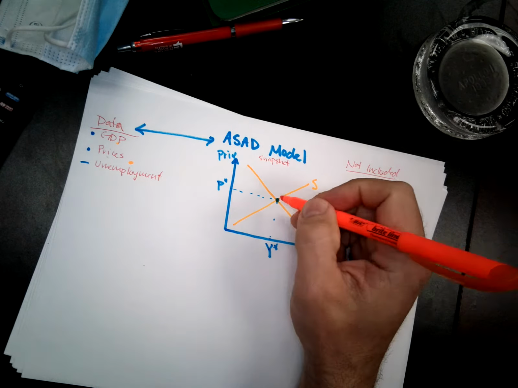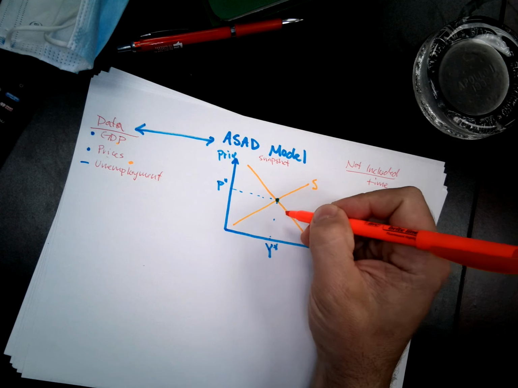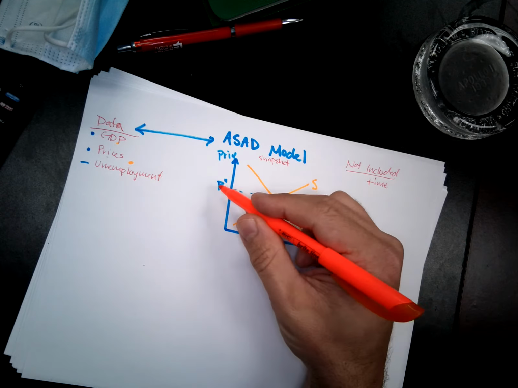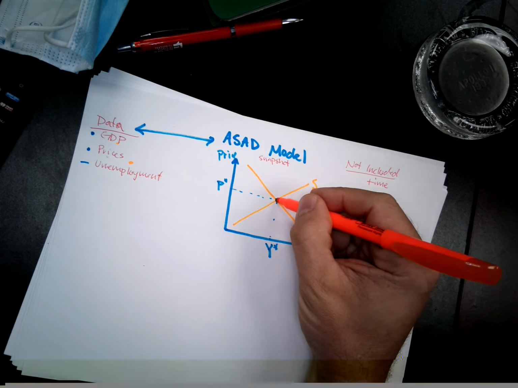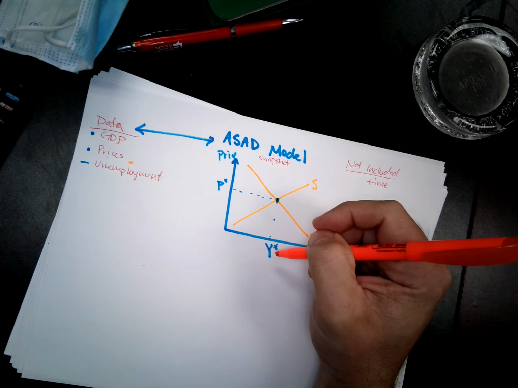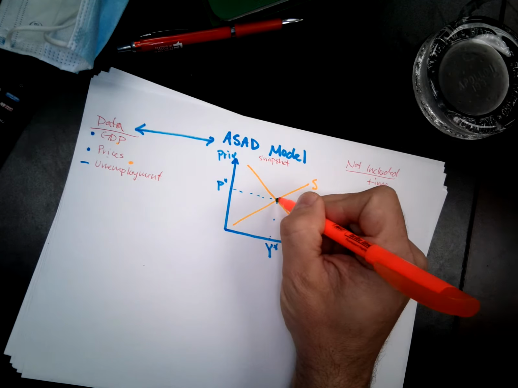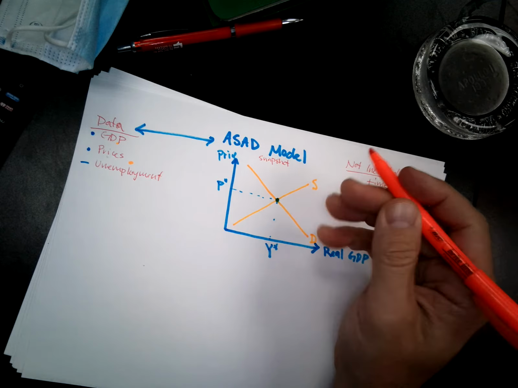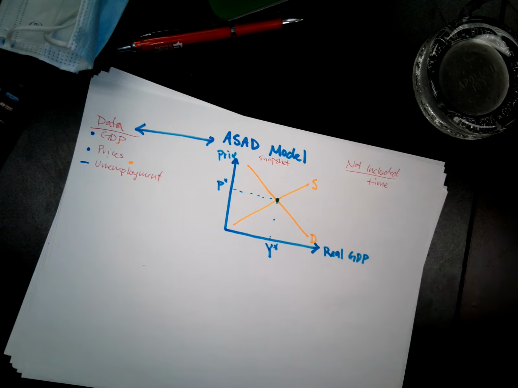But it's this intersection between supply and demand, where supply equals demand, that we say the market clears. And it clears at a price, and it clears at a specific level of GDP. So it's this intersection, it's this equilibrium, it's where market clearing happens, right at this equilibrium.